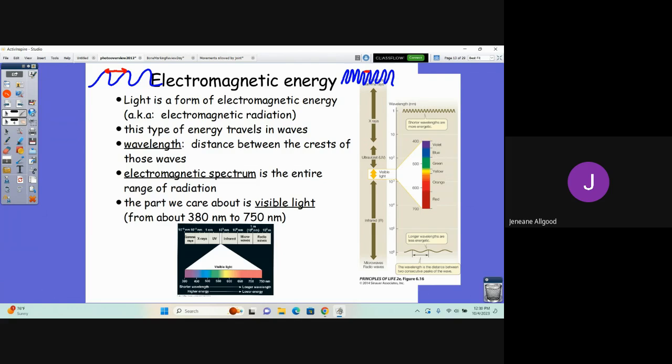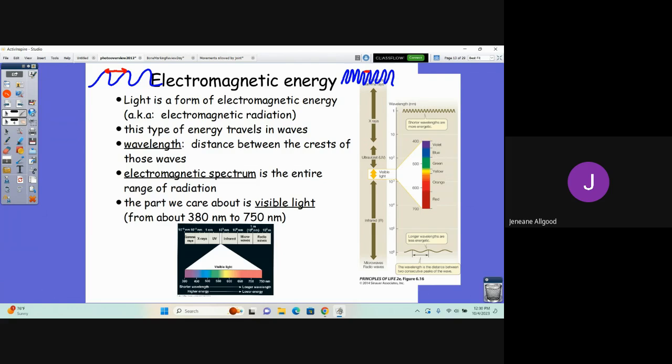And so all this is showing you is that the violet end of the spectrum is a lower number, so that's a shorter wavelength, which means that individual waves are higher energy because the waves come so close together. Towards the red end of the spectrum, that's a higher number, so that's more like this picture. We have longer wavelengths, okay, but that's lower energy because the waves don't come as close together.